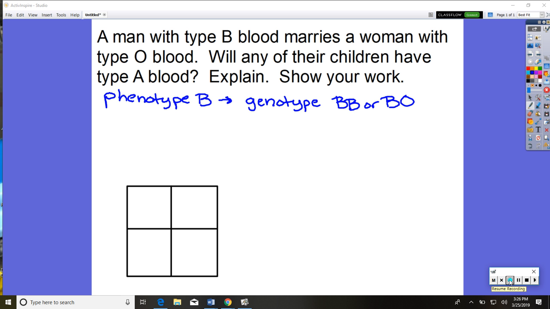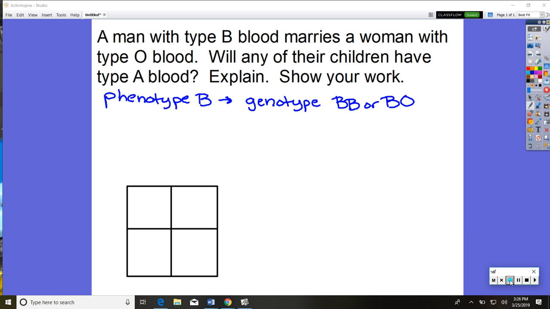So here you can see that blood type B, phenotype B, can have the genotype BB or BO, because remember, O is recessive to both B and A. So if it's just phenotype B, then it could be two capital Bs, or it could be BO. You'll never see that O if a B or an A is present.